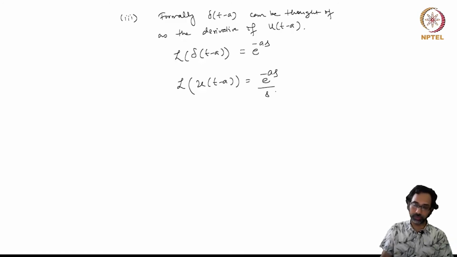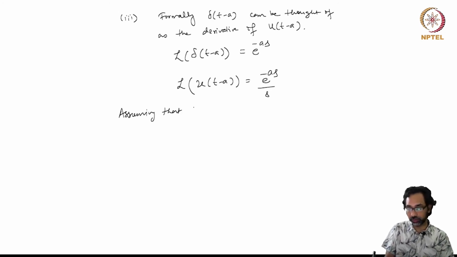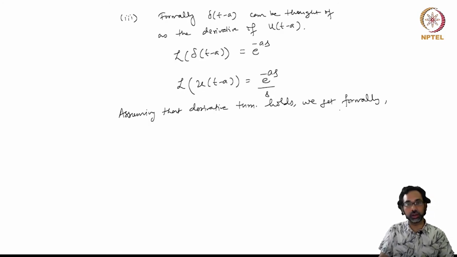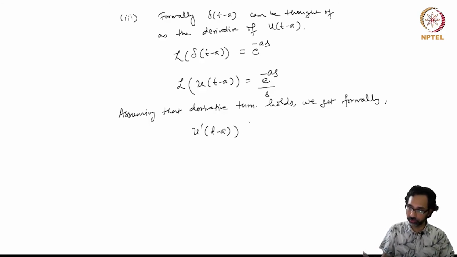So assuming that the derivative theorem holds, we get formally, by formally I mean I'm not talking about in a rigorous mathematical sense, but just by intuition, that the derivative of the unit Heaviside step function is equal to delta(t - a).